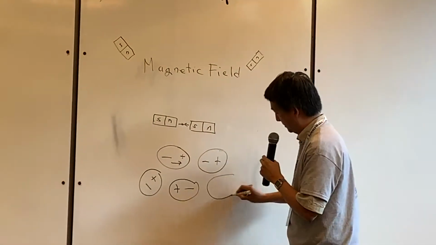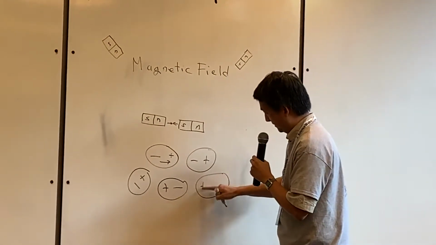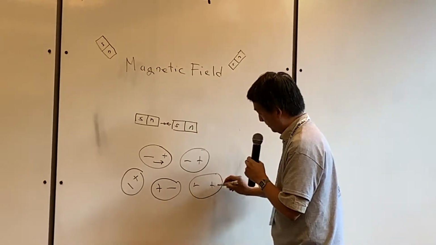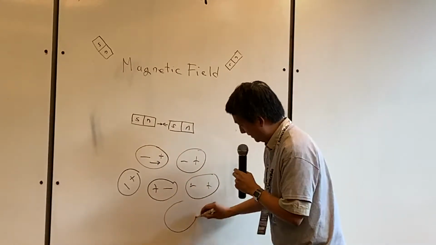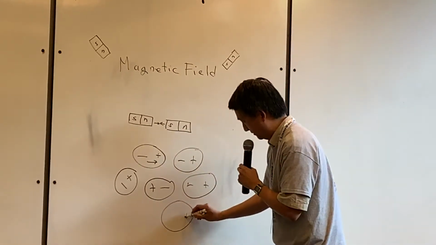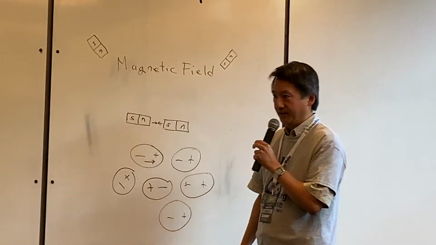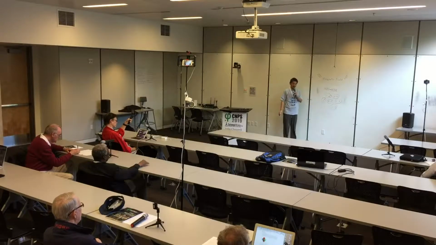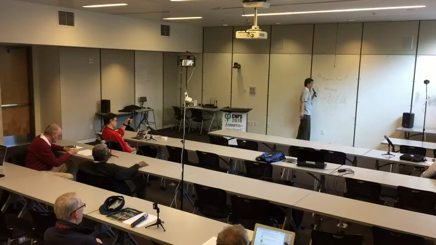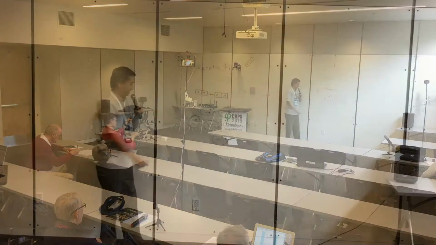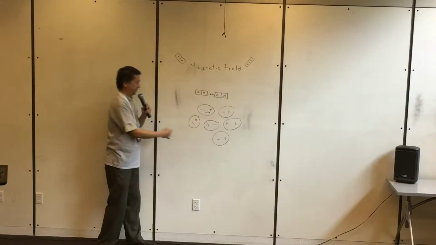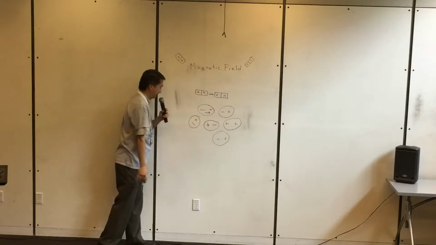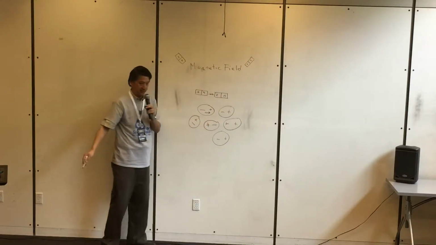The vast majority of them would all be pointing, there might be a few pointing in the wrong direction, but predominantly all pointing in one direction, okay? That's what I think the difference would be between space which has a strong magnetic field, and space which does not have any magnetic field. In space with no magnetic field, these dipoles would be randomly arranged.